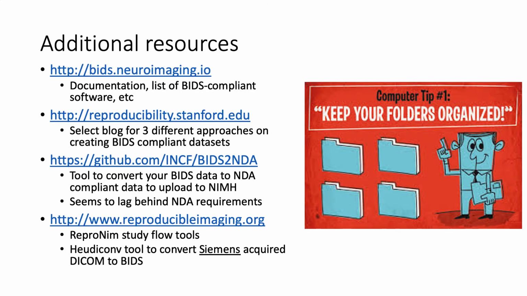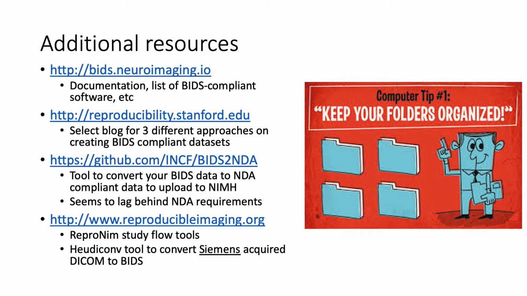And these are just some additional resources about BIDS. So bids.neuroimaging.io has all of the documentation, including what software is compliant with the BIDS format. They used to have a PDF that described the BIDS method, and they've done away with the PDF, and now it's all online.